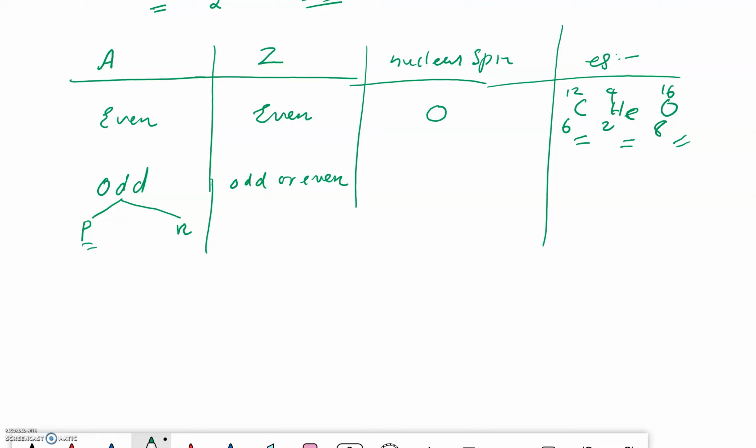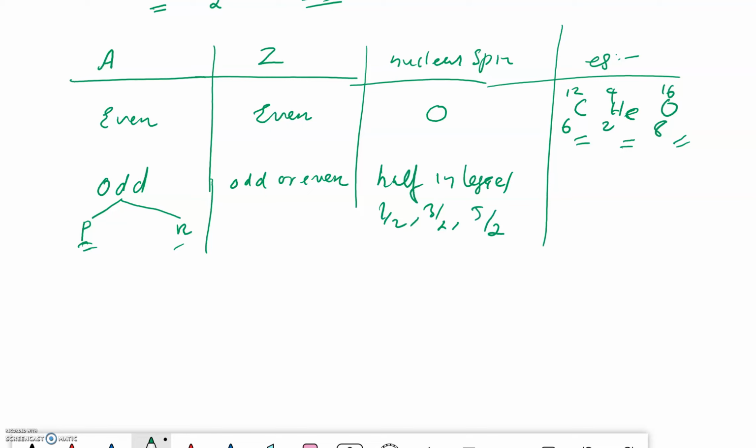If both are odd, A will be even. One of them will be odd and the other will be even. Therefore, it will be half integral spin, like half, 3 by 2, 5 by 2, etc.